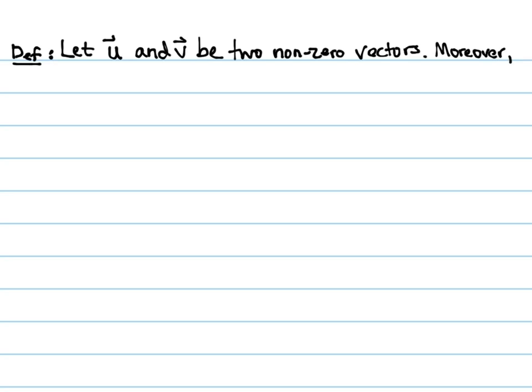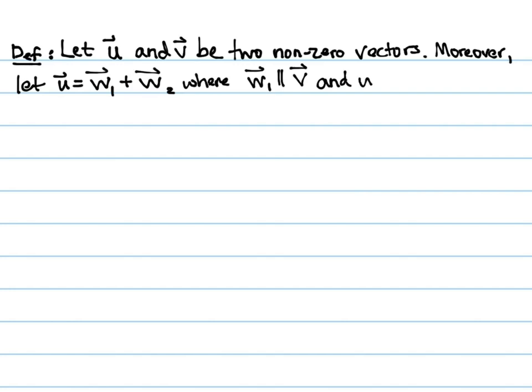Moreover, let the vector U have two components, a W1 component and a W2 component, where W1 as a vector is parallel to the vector V, and W2 is orthogonal to V.